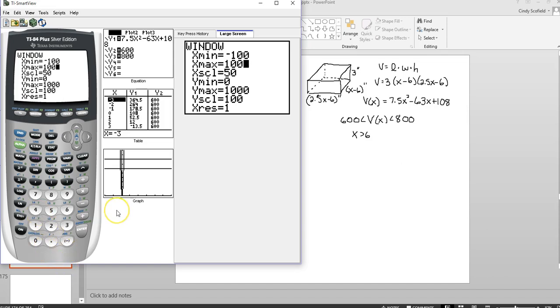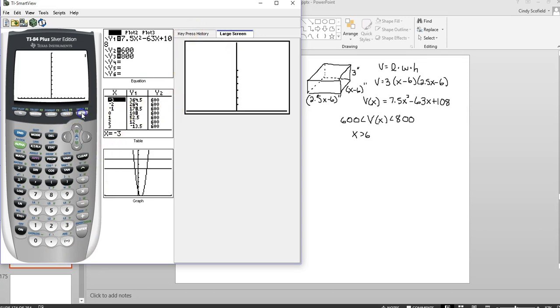That's a little too much, isn't it? All right, how about negative 50? I really want to get a nice picture of this and really see what's going on. And 50, x scale can be 5s, I guess. That's good enough.